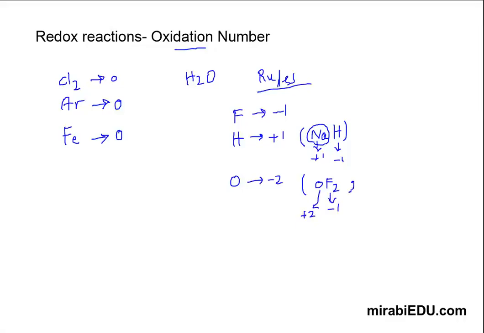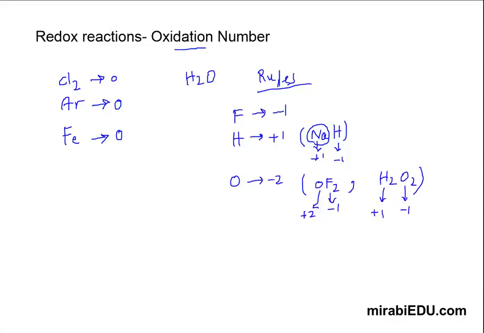Or in the case of peroxides like this, oxygen will be -1 and hydrogen will be +1. So these are 2 exceptions for oxygen: in peroxides and compounds with fluorine.